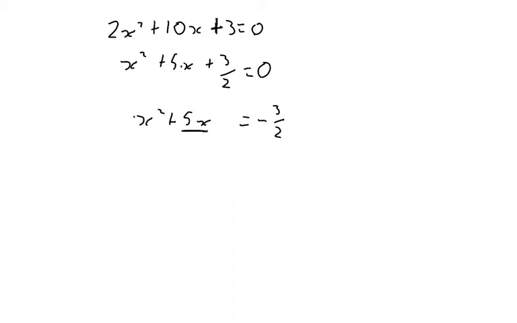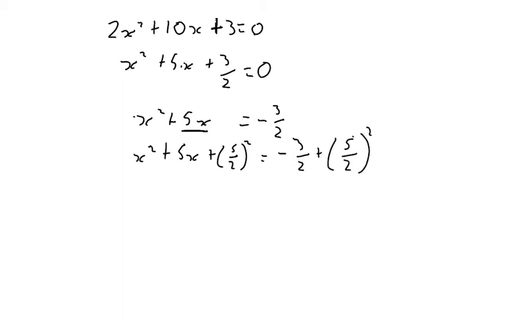Now half of 5 is 2.5, so this is where using our improper fractions comes into play. So 2.5 is 5 over 2, so it becomes x squared plus 5x plus 5 over 2 squared equals minus 3 over 2 plus 5 over 2 squared.